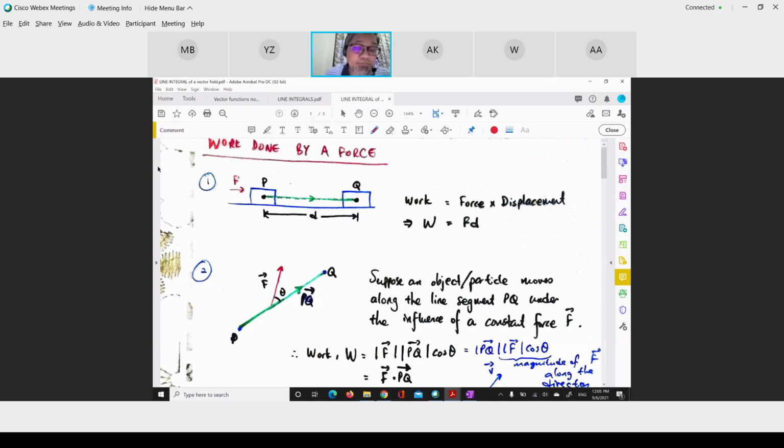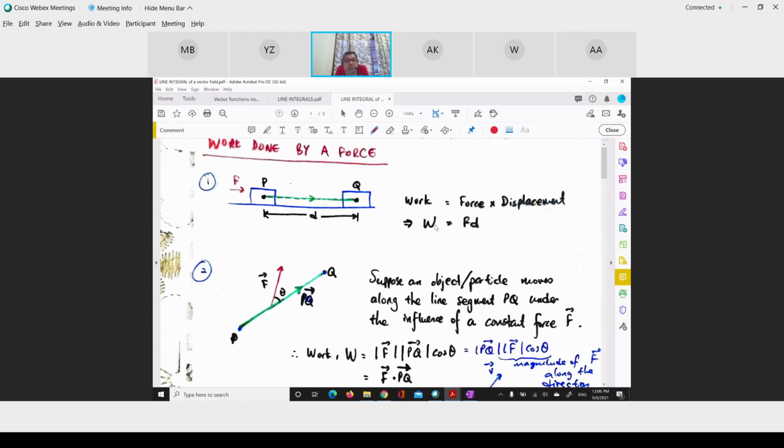Remember in a physics course, we have an object here. The initial position is at point P. By this horizontal force F, the object moves from P to the new position Q. Suppose the distance between the old position and the new position is D. So in physics, work is defined as force times displacement, which is F times D. Here we assume F is constant in the horizontal direction, and D is also a constant.